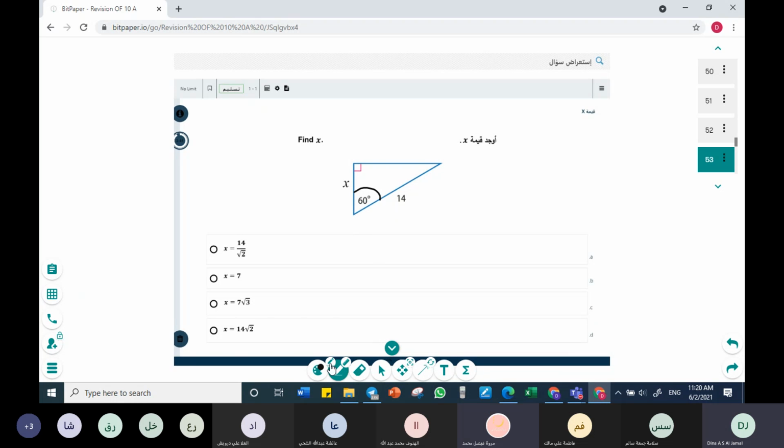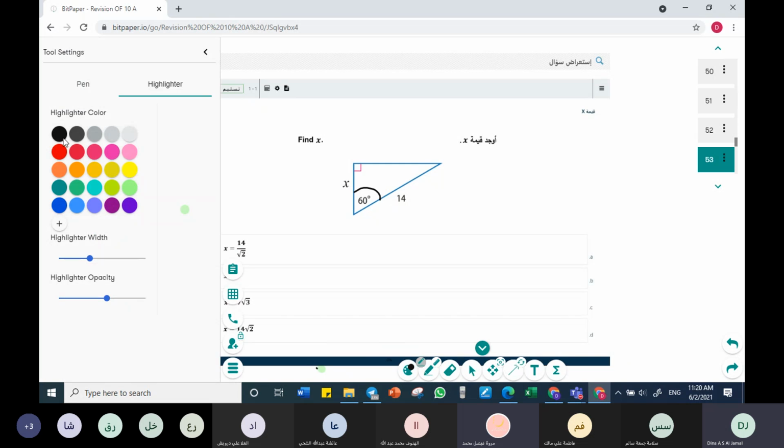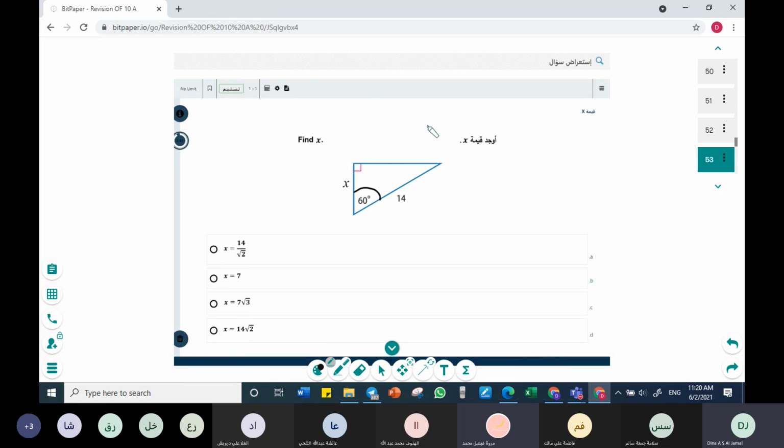So we have the what? Adjacent and the hypotenuse. Good. So let me hear you again, Marwa. You told me you have the adjacent. Where is the adjacent? X. And the hypotenuse is 14.